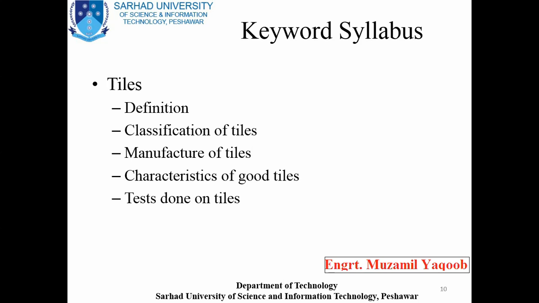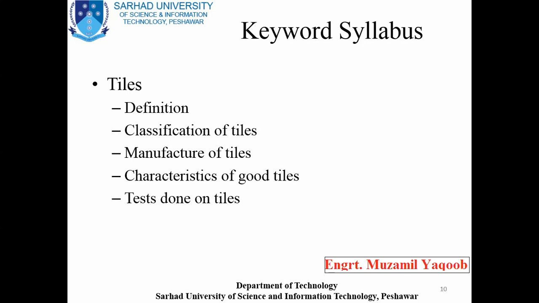The fifth chapter is about tiles, in which we will discuss their classifications and manufacturing process in detail. Generally, there are different types of tiles which are classified. For example, based on their surface, based on the installation. Surface means outdoor or indoor, right?